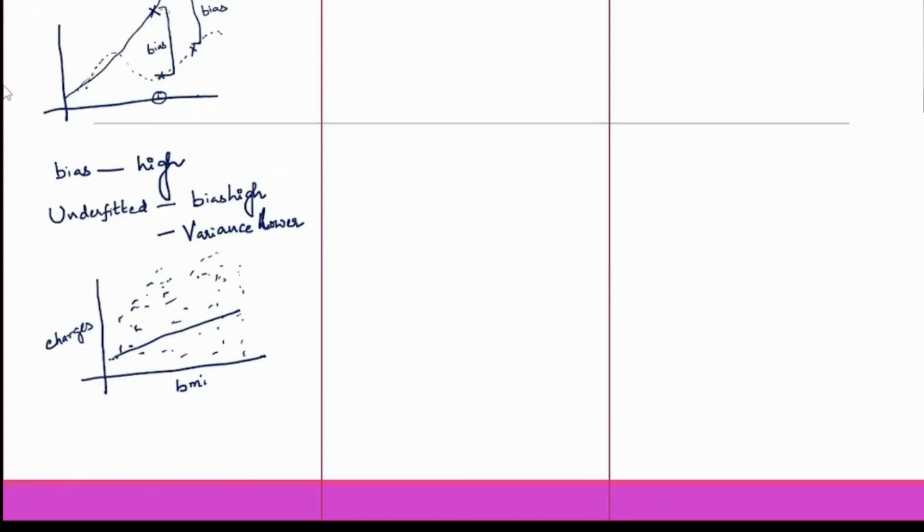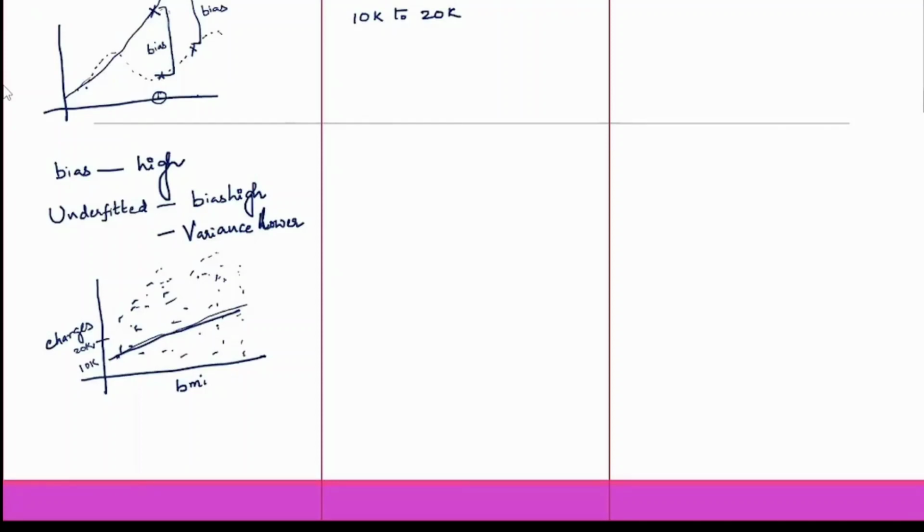If I'm using BMI to forecast the charges, the entire model was capturing only between 10,000 and 20,000. The prediction from this model is only this much.